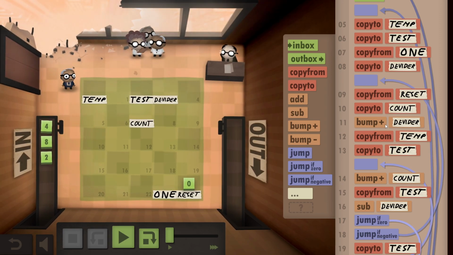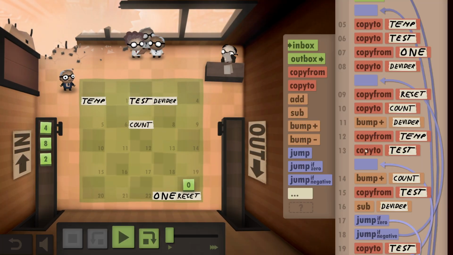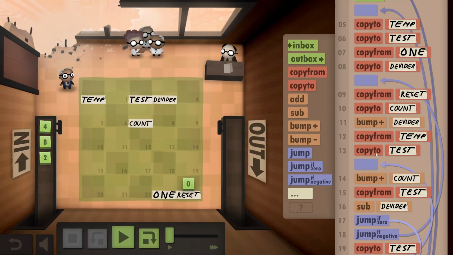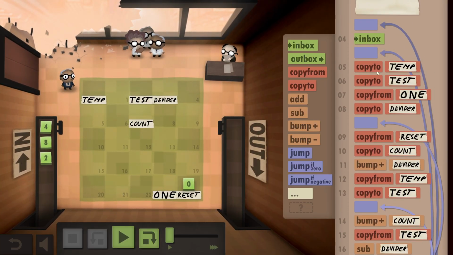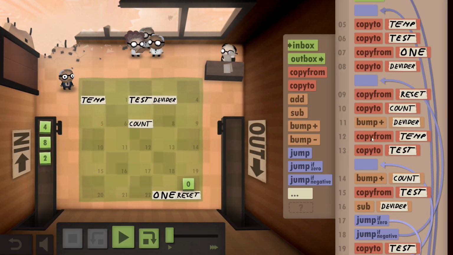Oh. Then why am I using 1? We'll see. Copy from temp, place it to test. This is because of the resets. Why we're doing both. We know it's safe in this order, but because of other ones.